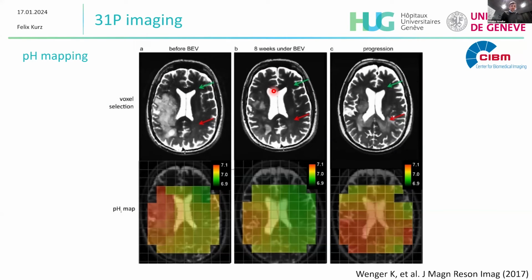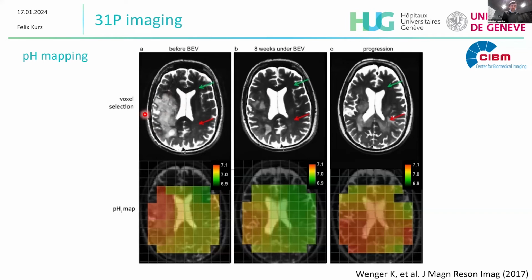Furthermore, you can do a pH mapping based on 31 phosphorus isotope imaging. In this case, we use basically the increased spectroscopic information, where you can differentiate between an intracellular inorganic phosphate peak and phosphocreatine that gives you the pH.